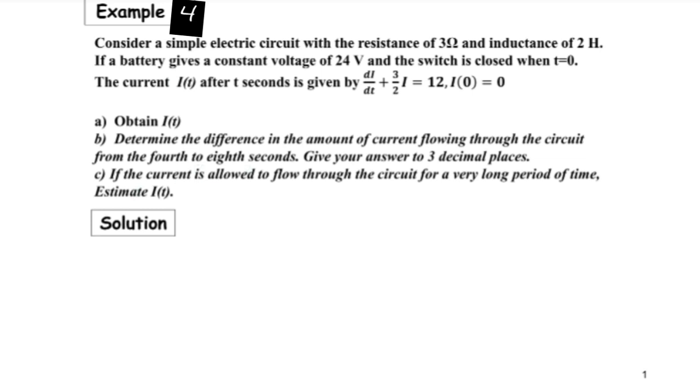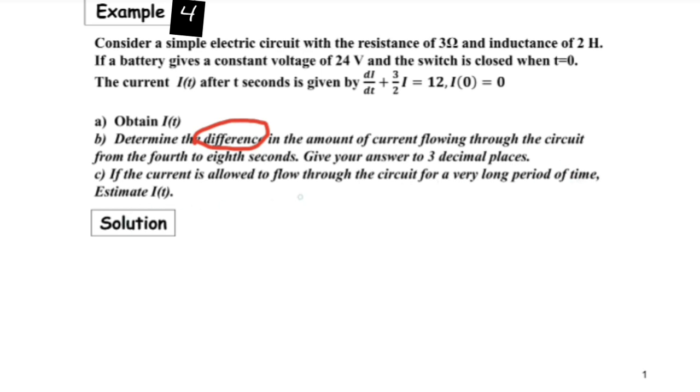The meaning of difference is subtract, the change in the amount of current flowing through the circuit from the 4th to the 8th second. That means we have to substitute t = 8 and subtract what we get when we substitute t = 4. So we obtain the difference, and give your answer to 3 decimal places.